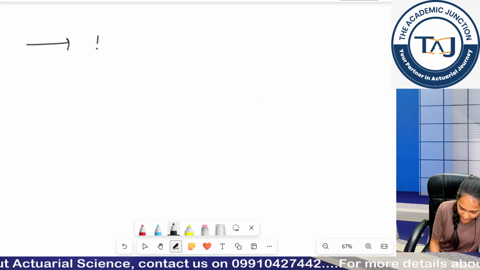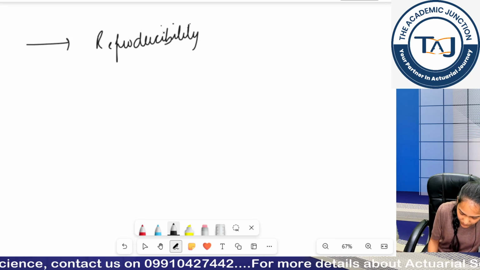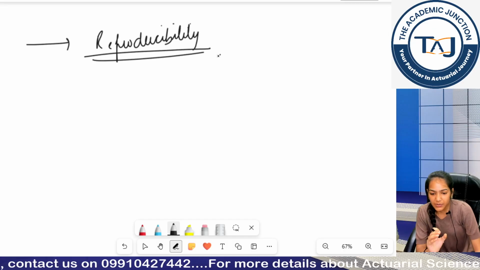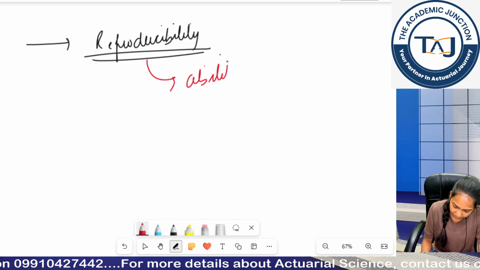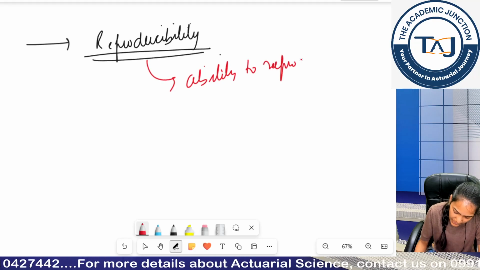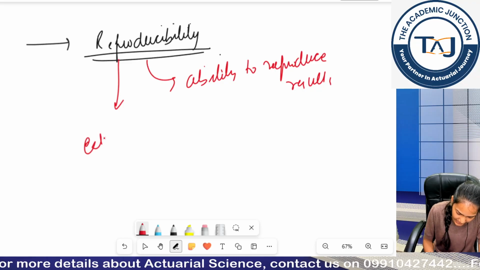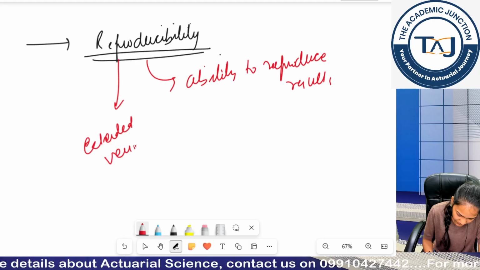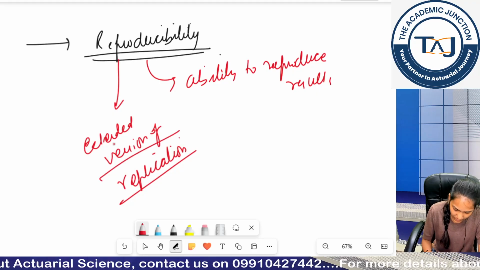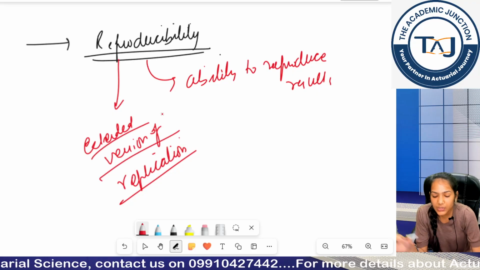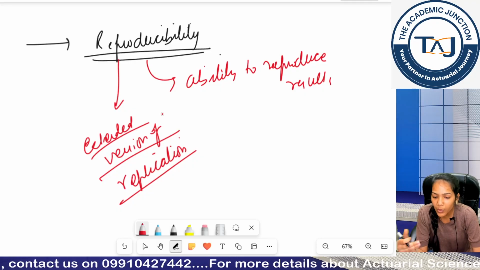One more thing is reproducibility. As the name suggests, reproducibility means the ability to reproduce results. It is an extended version of replication. Look, since we are working with thousands or lakhs of data, it is very difficult to start a whole process from scratch.